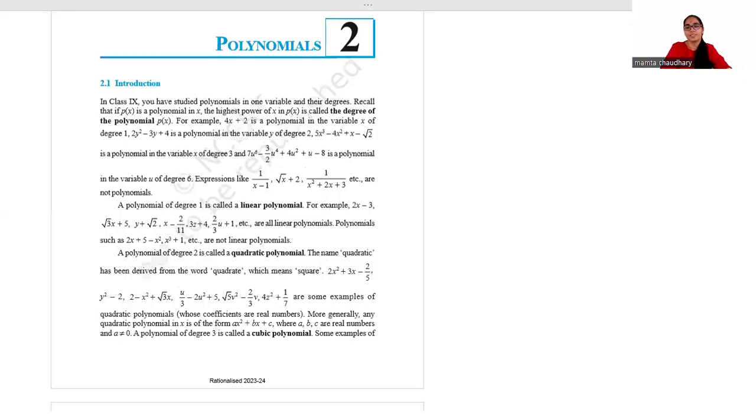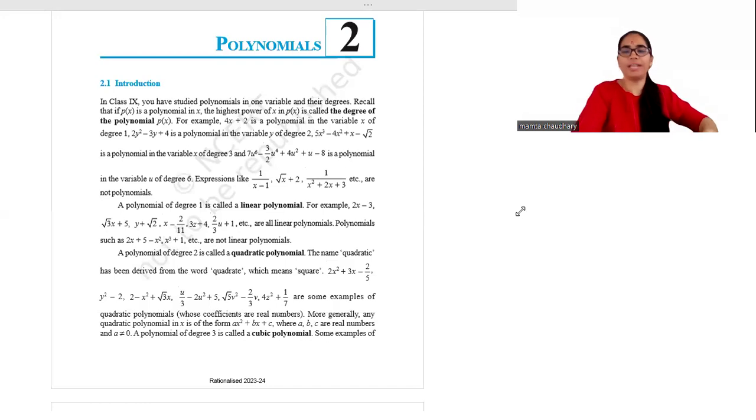Okay, so let's write a few algebraic expressions, and then we will see when we can say that yes, those algebraic expressions are polynomials. Okay, so are you all ready? Here you go. So let's write first a few algebraic expressions.